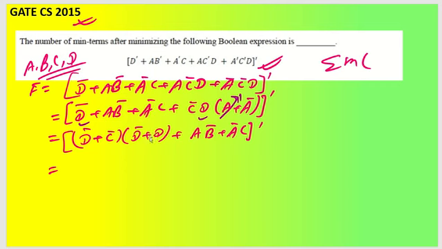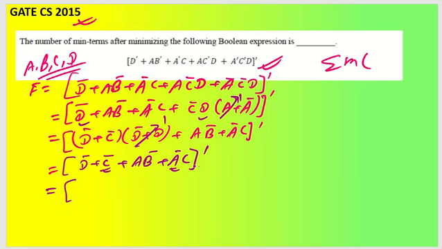As you can see, D bar plus D goes to 1. So we are remaining with D bar plus C bar plus A B bar plus A bar C. Now this term and this term I can take up: C bar plus A bar C, so I can take it as C bar plus A bar into C bar plus C. This is how we are trying to reduce each form and its complement. So we can write it as D bar plus C bar plus A bar into C bar plus C plus A B bar.